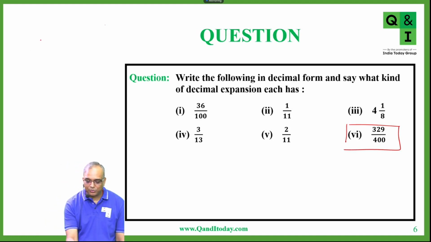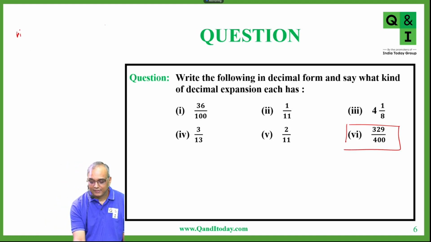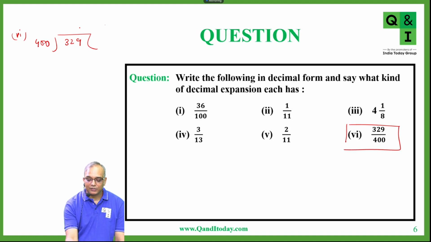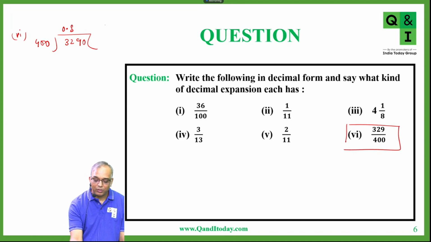Try doing it, students. Otherwise, you will not be able to learn how to do it. So 329, we are dividing it by 400. So 329 is lesser. So I'll have a decimal here, 3290. So 400 into 8 is 3200.